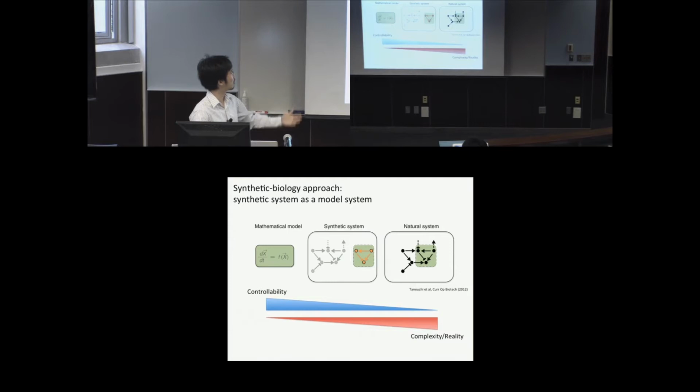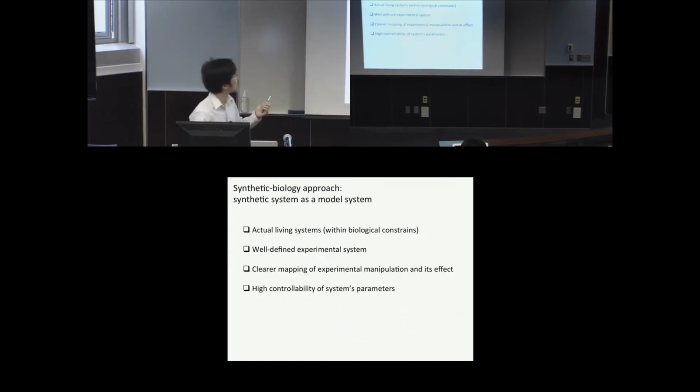It's still a biological system, so it's closer to the natural system, and at the same time it has a great degree of controllability. To reiterate, a synthetic system is an actual living system, so it's still within biological constraints.